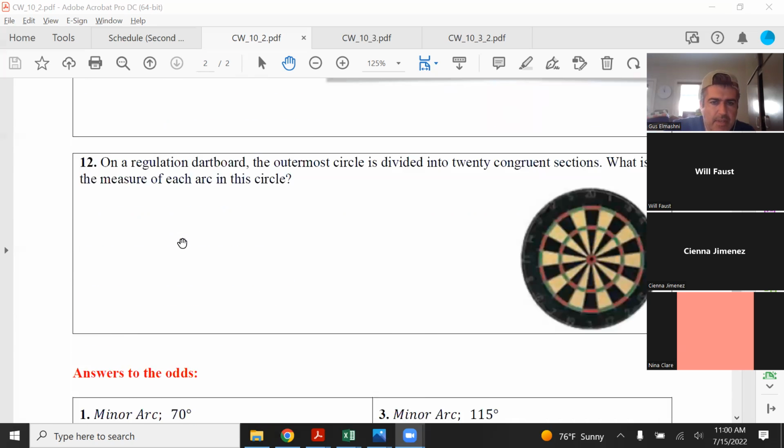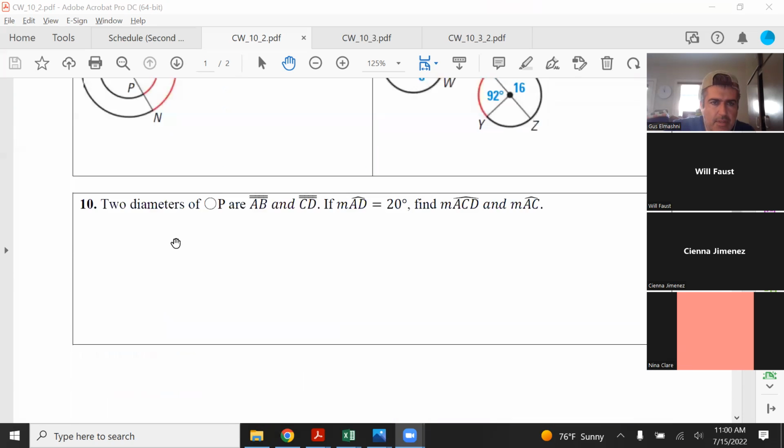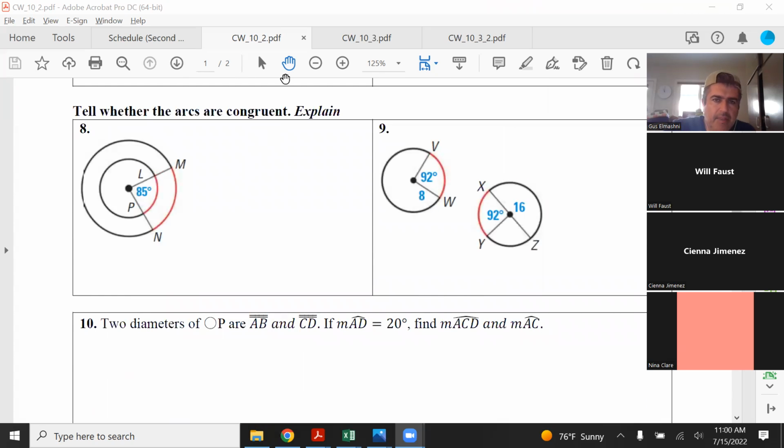Well, hold on a sec. Okay, so this is doing arc length. So the answer is no here and yes here.